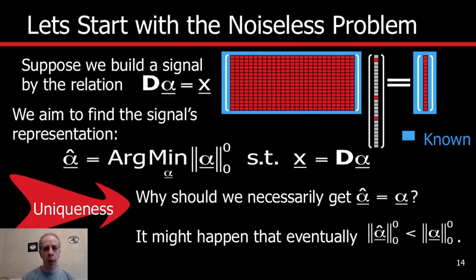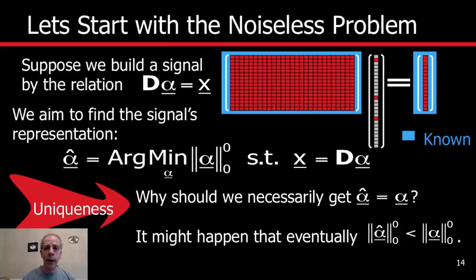One example where alpha is not unique is if, for example, several of the columns of D are identical. So let's assume that this was generated by one of those columns. I can actually pick any other column because they're identical, and I can replace that alpha by the alpha corresponding to that column.